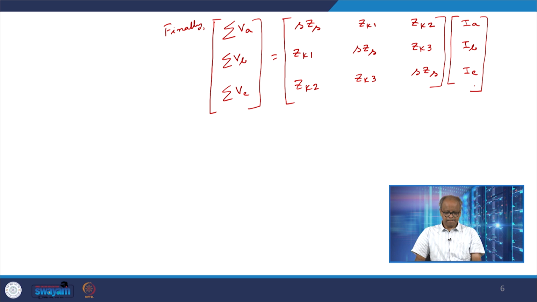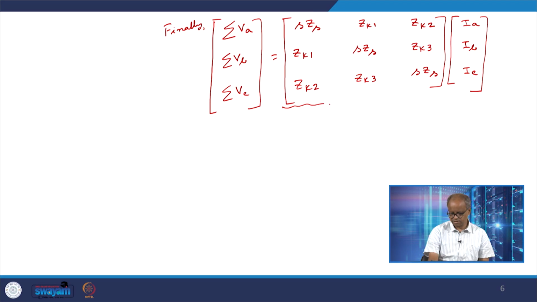So you see here also all diagonal elements are going to be equal. And this matrix is also a symmetric matrix. Theoretically we have shown that the final impedance matrix of the line would be a symmetric matrix, and if all these conductors are identical, all the diagonal elements also would be the same.